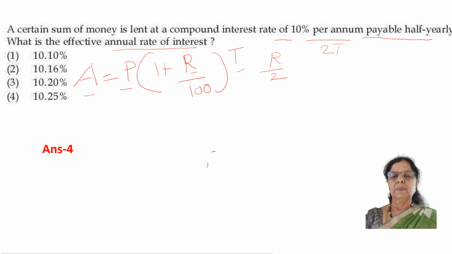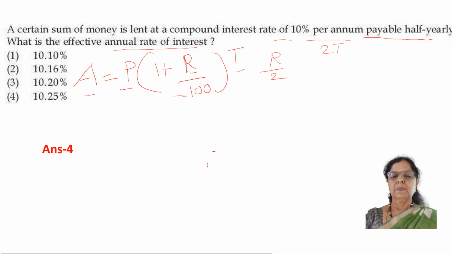Now replacing this, see here. The amount is 100, isn't it? So you have to find out 1 plus 10 by 2 divided by 100. This part we will do first. So 10 by 2.